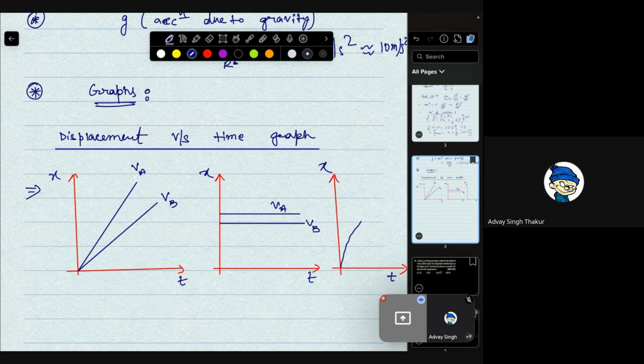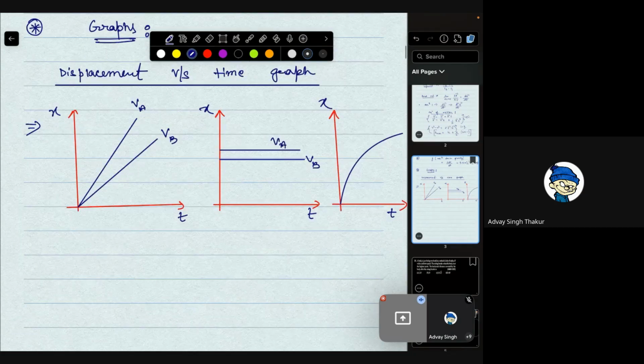Now tell me about this. If this is your graph, can you tell me the nature of the graph? Because these two are the simplest ones. Can you tell me anything about the third one? So the body has an accelerated motion.